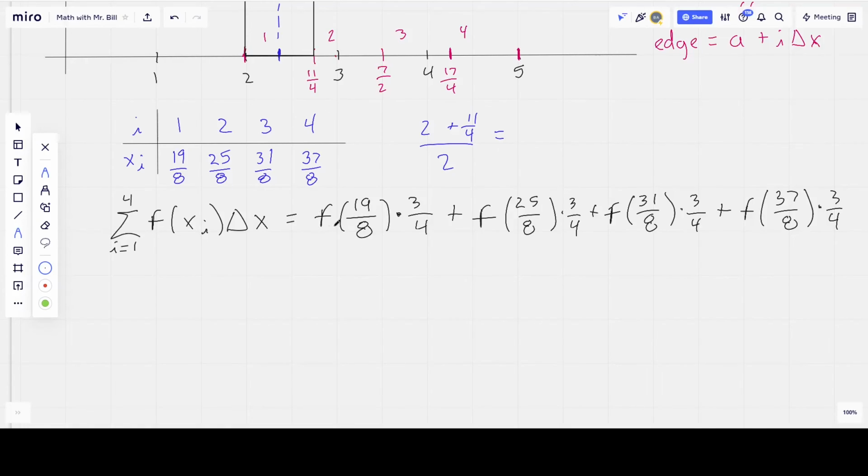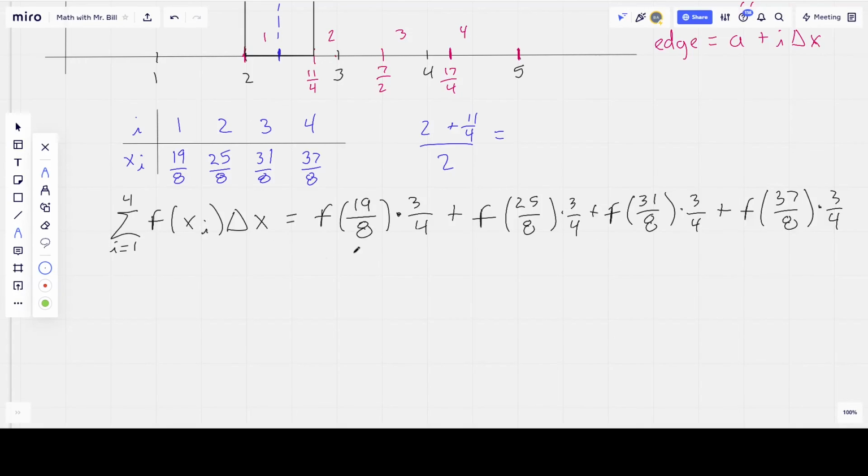This tells me that the summation is equal to the function at each of those midpoints times the width of each interval. You can pull that 3/4 out if you like, there's no problem in doing that. The problem just says leave it at the initial evaluation, and that's what we have here.